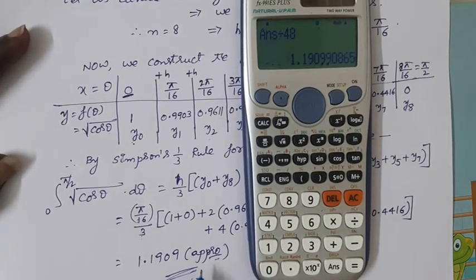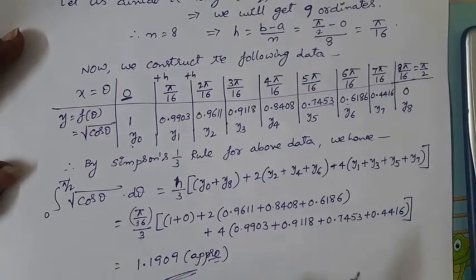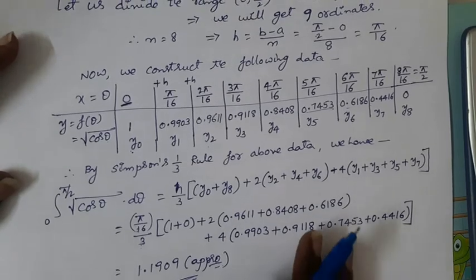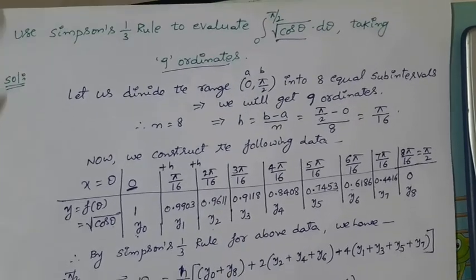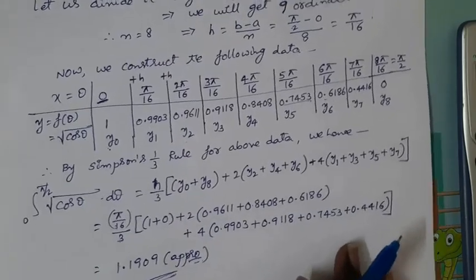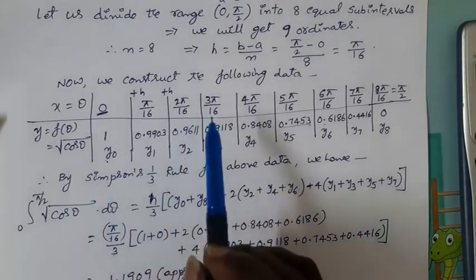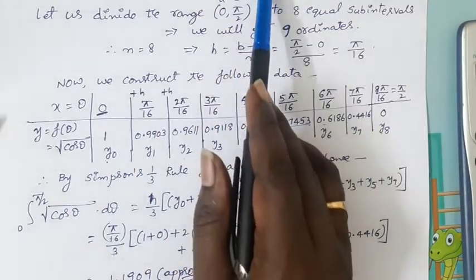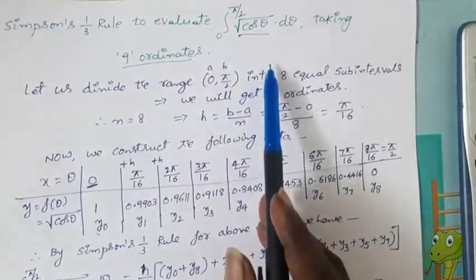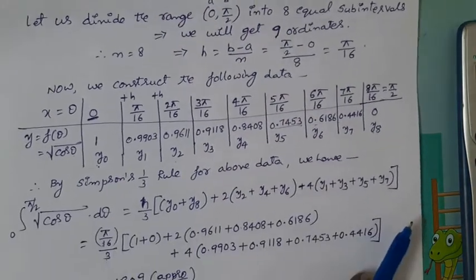Don't forget to write approximately in brackets, because this is not the original value, it is only an approximate value. So this is the problem on Simpson's 1/3 rule. A very important thing is to keep your scientific calculator in radians mode whenever a trigonometric function is involved.